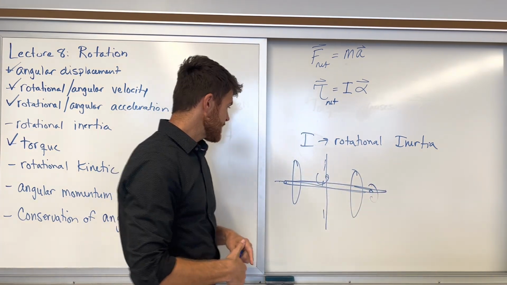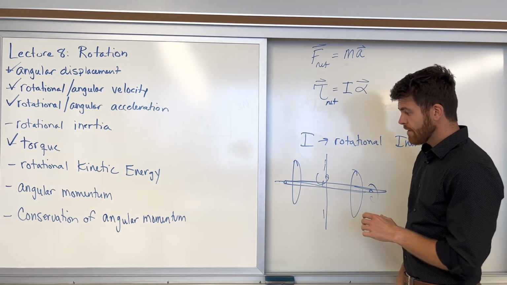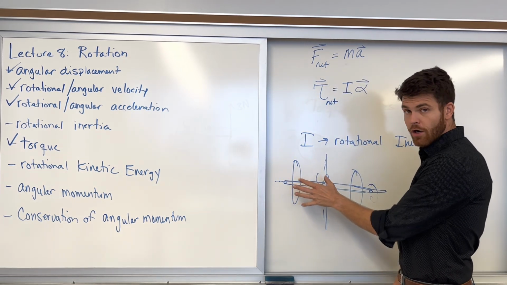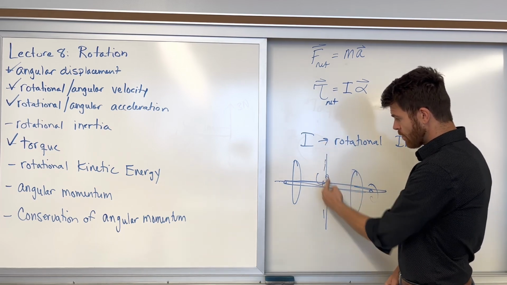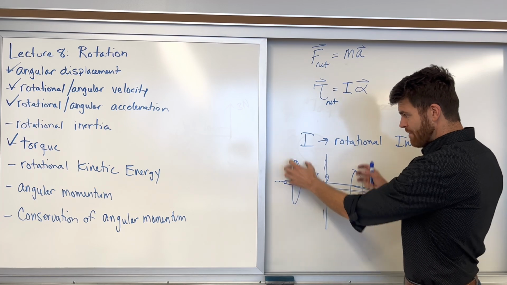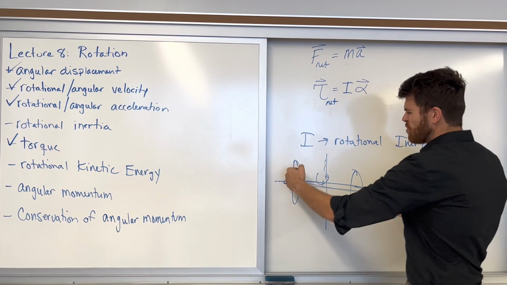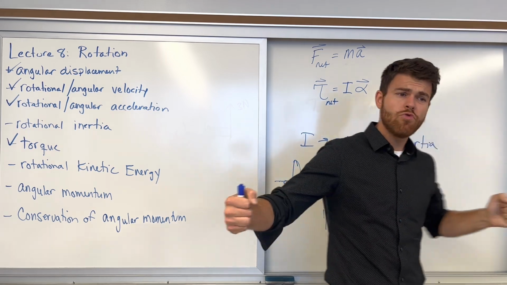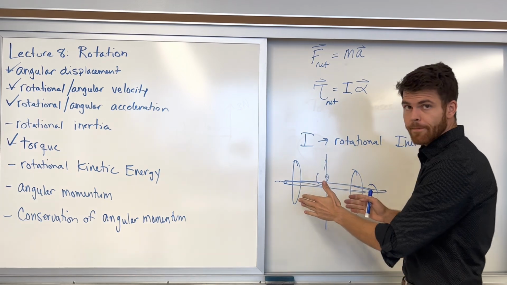Why? Because the rotational inertia is basically a function of how far the mass is from the rotational axis. So if we're rotating about this line, we have these two 45-pound plates that are far from the rotational axis. So it takes a lot to get them to start moving. They have to move a lot through space in order to rotate.